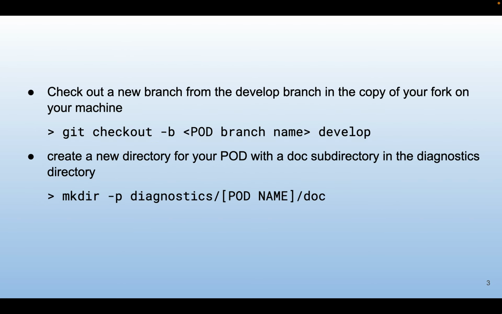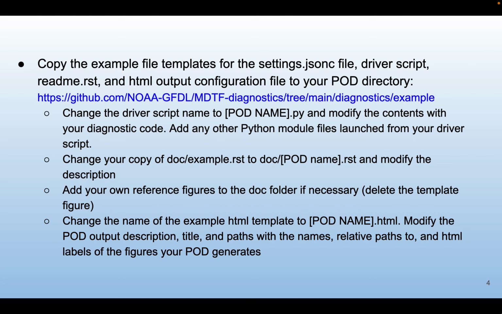To start off, I'm going to work from the assumption that you have already forked the NOAA-GFDL MDTF diagnostics repository and created a local copy on your machine. You're going to start by checking out a branch for your pod off of the develop branch. Then you're going to create a new directory for your pod with a doc subdirectory in the diagnostics folder.